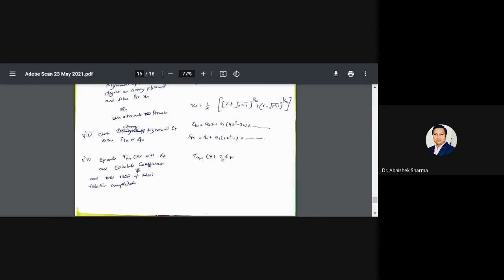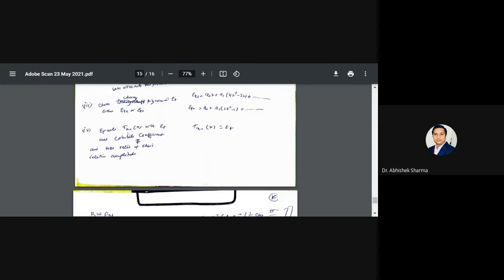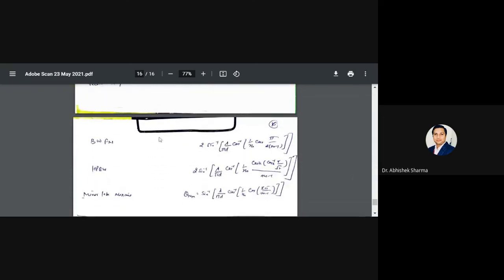Third is choose array polynomial either from ETE or ETO depending upon whether your number of elements is odd or even. Step 4, equate Tn minus 1 x with ET and calculate coefficients and take ratio of their relative amplitudes by using this equation. The next step is calculate beam width between first null by using this formula. Then calculate half power beam width by using this formula, and calculate minor lobe maxima by using this formula.